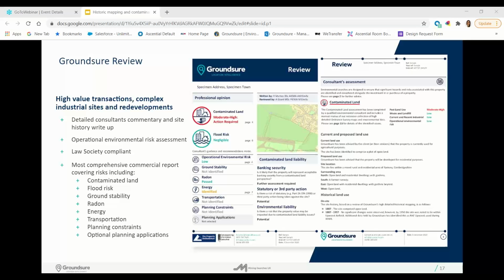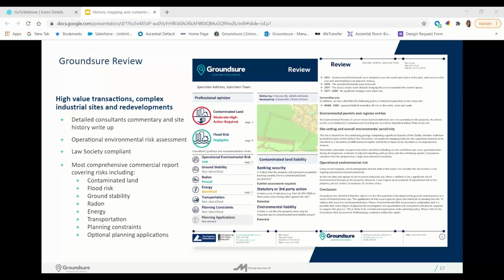So these types of reports always include this high level contaminated land assessment. So Avista, review, we all use the same historic mapping to do these assessments, and then depending on what your requirements are, whether it's redevelopment or not, the amount of detail may be a little bit less. But all of our reports will use our historic mapping to make sure that we're providing the best assessment that we can for you and your clients.